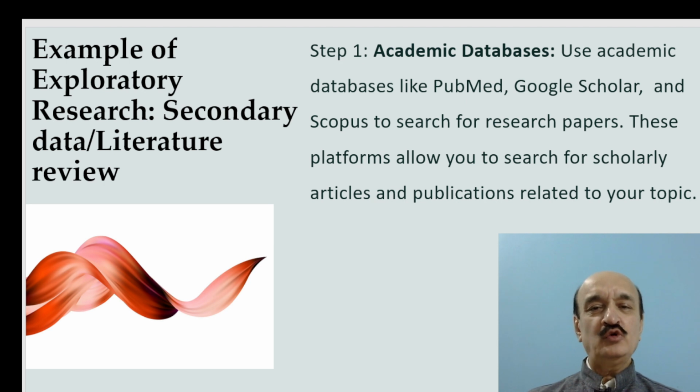Now, let's also differentiate between literature review and secondary data. Secondary data generally is for commercial research, whereas literature review is more for academic research. Although the process more or less remains the same, the type of secondary data that we are going to refer to may differ from commercial to academic research.